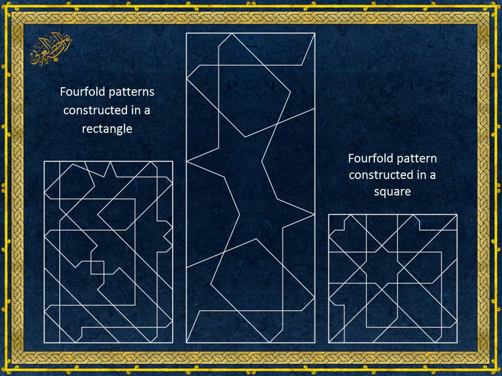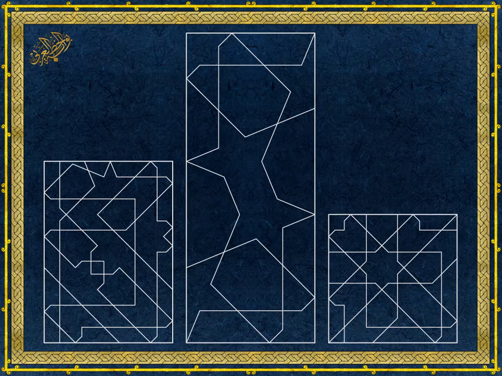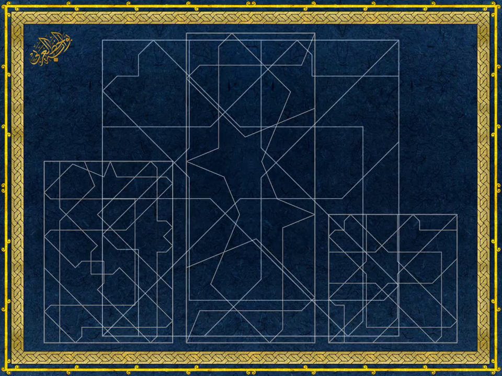The rectangle should have a specific ratio between the width and the diagonal of the rectangle, and it is not possible to draw a complete fourfold composition correctly in a rectangle that does not have the correct ratio. We can establish the correct ratio for the rectangle from the square itself, and I will explain how it is done in the next video.